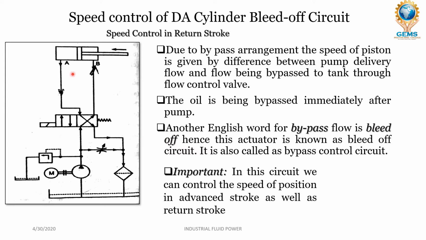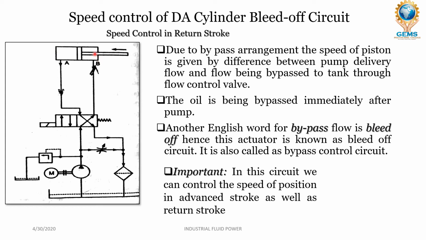So from this we can find what is the speed of the piston. The speed of the piston is calculated from the delivery flow from the pump, and the difference between the delivery flow from the pump and how much is being bypassed. This difference gives the speed of the piston.